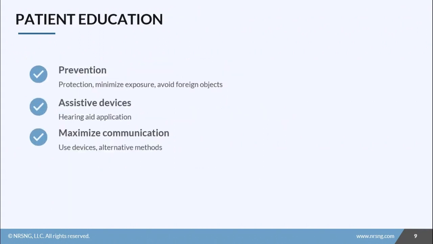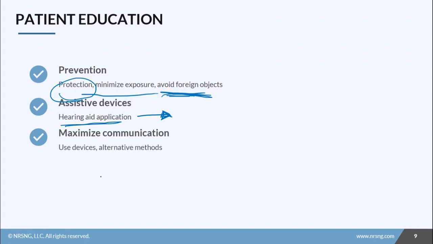Okay, so let's look at patient education. First and foremost, we're going to be teaching about prevention: minimizing exposure to loud music, wearing ear protection when at loud concerts, and avoiding putting foreign objects in their ears as well. We want to be teaching about hearing aid application as applicable, and cleaning and maintenance of the hearing aids.